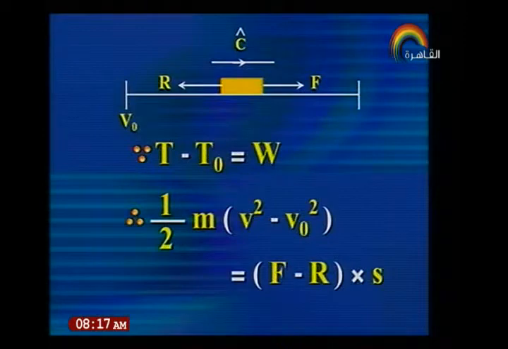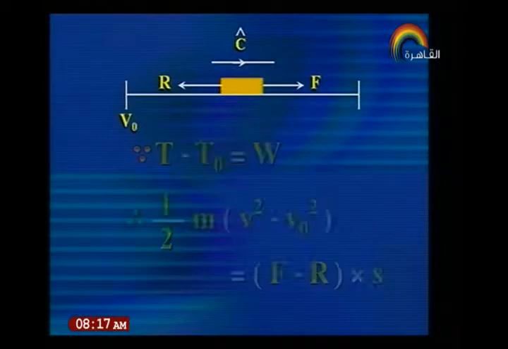What is the change of kinetic energy? Half M multiplied by the bracket V squared minus V naught squared. What is the work done? Equal to force times S. In this case, we have force and resistance, so the force is F minus R multiplied by S.